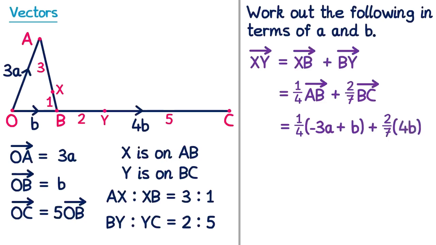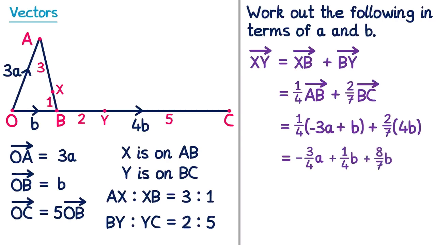Now we just need to work this out. So we can expand the bracket in the same way we did before. We do 1 times -3, so -3/4 a, and then 1/4 times b, so 1/4 b. And for this last part here, we'll multiply 4 and 2, which is 8, so it's 8/7 of b.